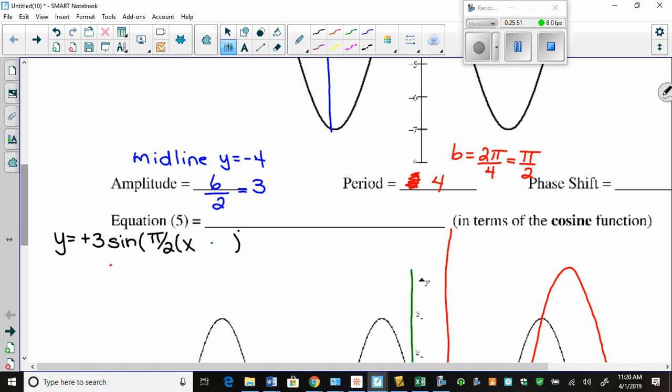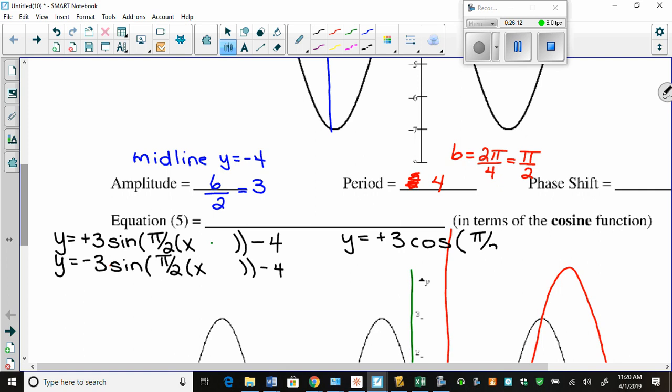X something. Midline this time is a negative 4, so I have to subtract 4. Y equals negative 3 sine pi over 2 x something minus 4. Y equals positive 3 cos pi over 2 x minus 4. Y equals negative 3 cos pi over 2 x minus 4.